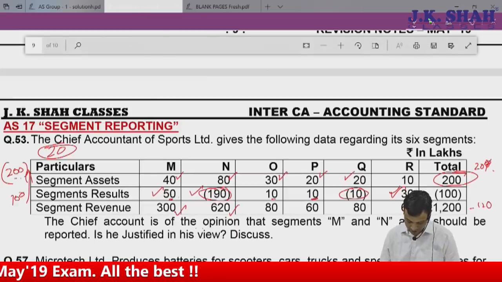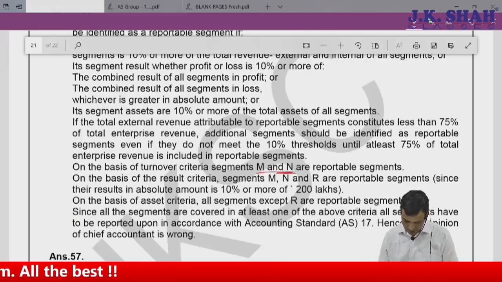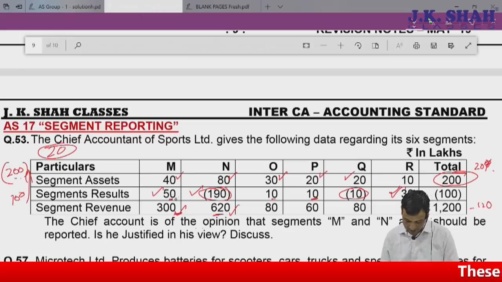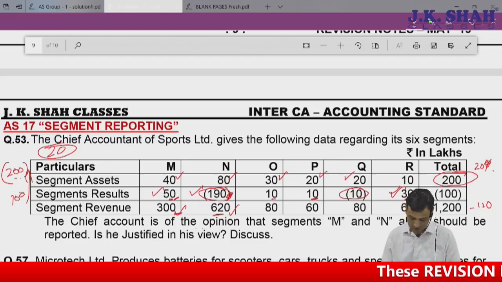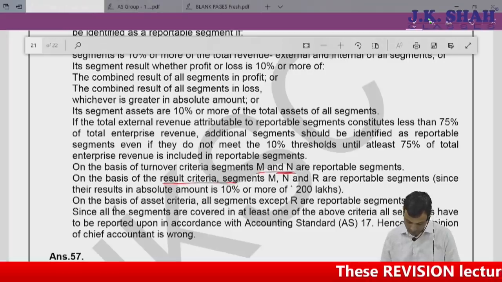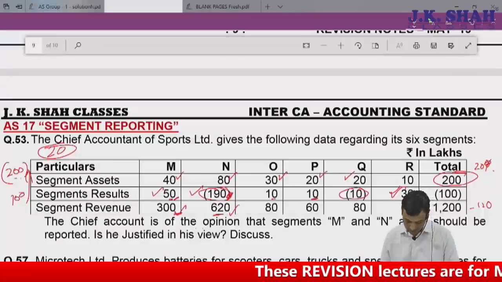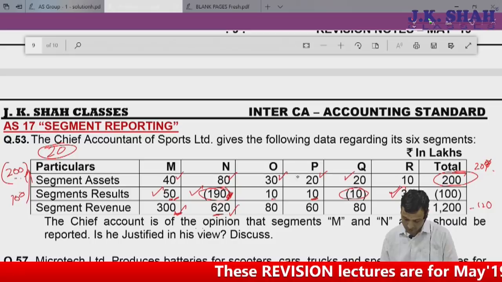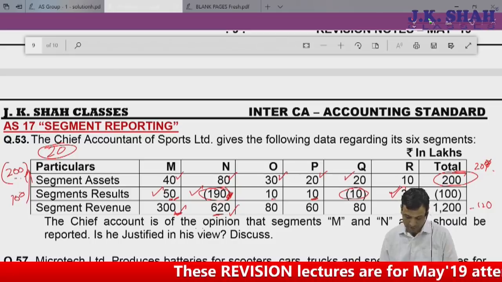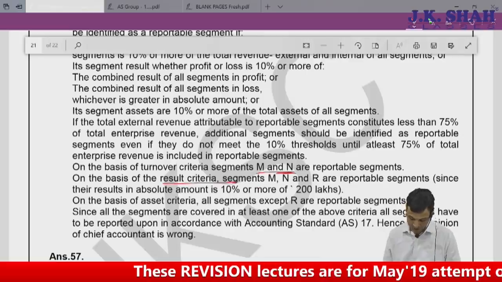On the basis of result criteria, M, N and R are reportable. And based on asset criteria, all segments except R, that is M, N, O, P, Q, are reportable. I hope you remember the ticks which we made. So practically all segments are getting reported.